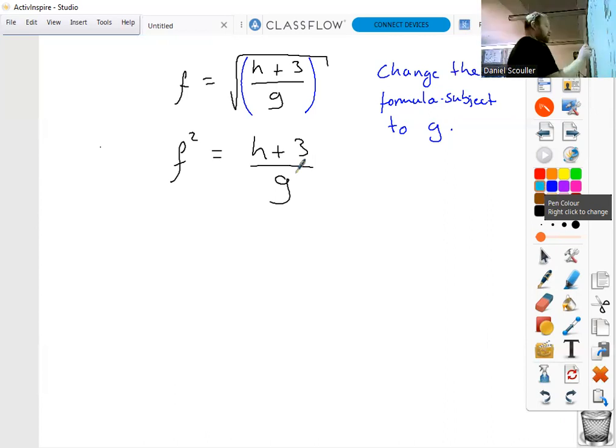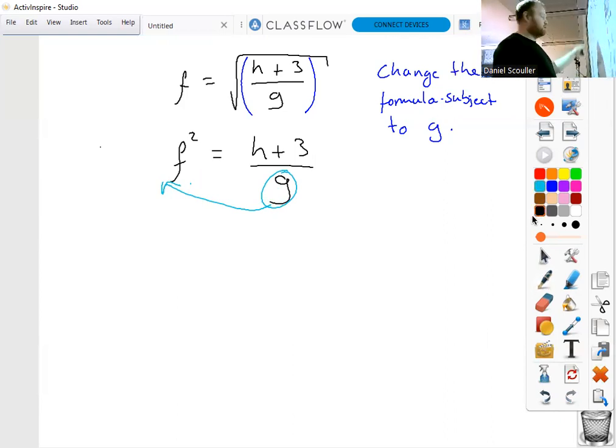We do that by moving the g first. The g is a divide on the right hand side, so it becomes a multiply on the left hand side. What that also does is put the g on the correct side for what we want when we finish up. That's good for us because we want g to equal something.